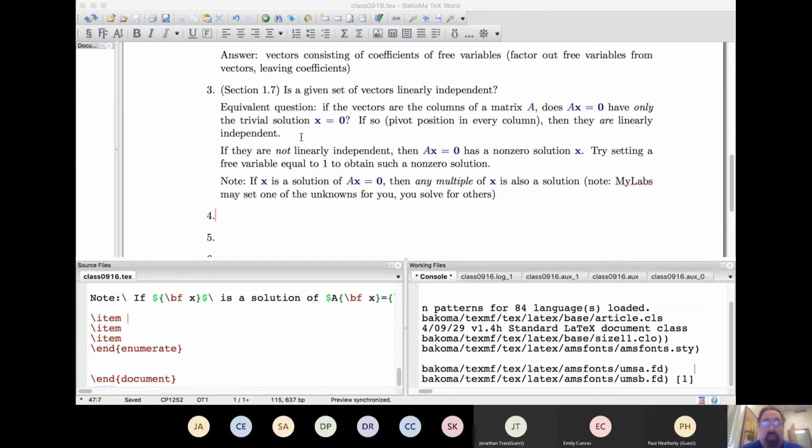Next, we have section 1.8, where we get into linear transformations.